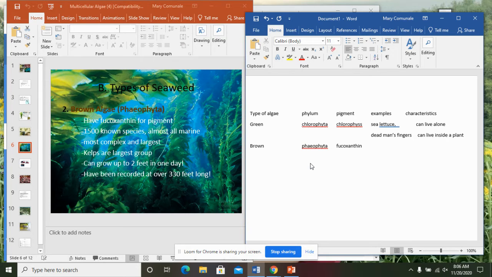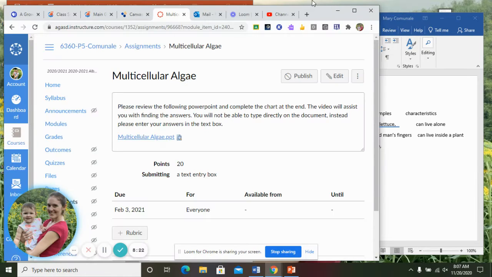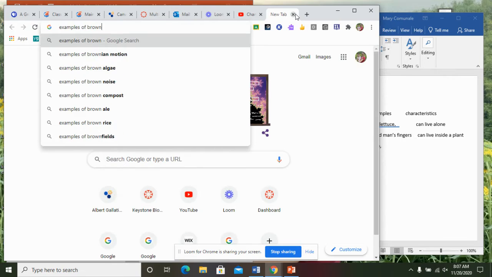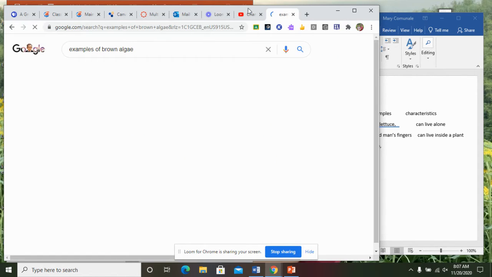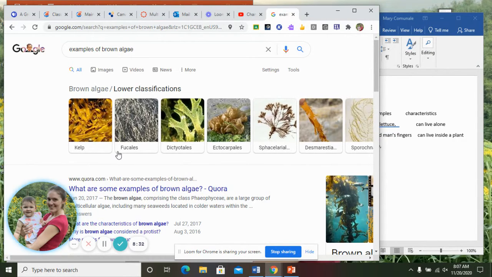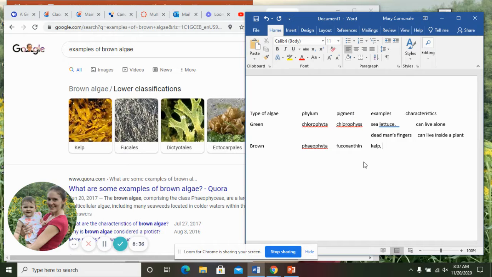Examples. So there's 15,000 different species. Kelp. And since we're looking for about 2 examples, at this point I would go over to my Google here, and I would type in examples of brown algae. And it comes up with a bunch, so I could write down any of these ones here. Fucocells. Okay.